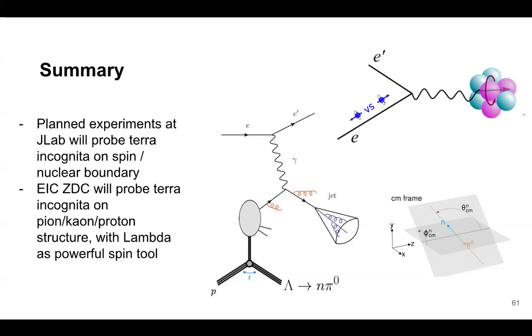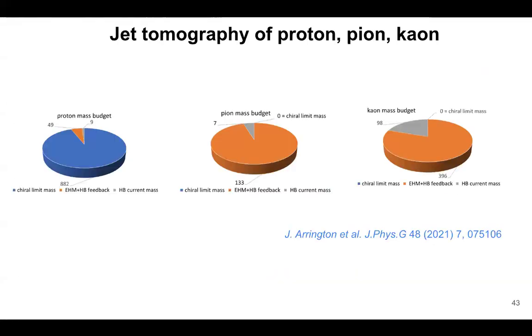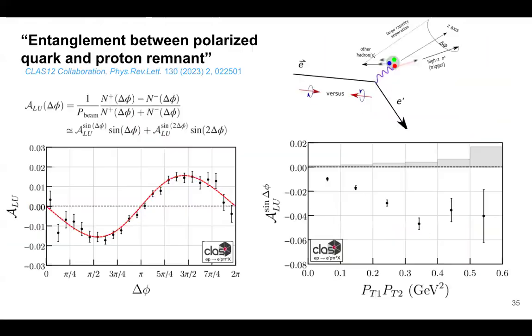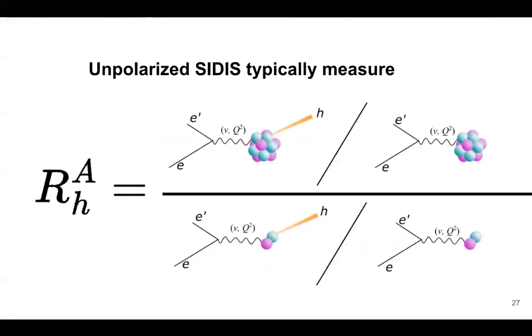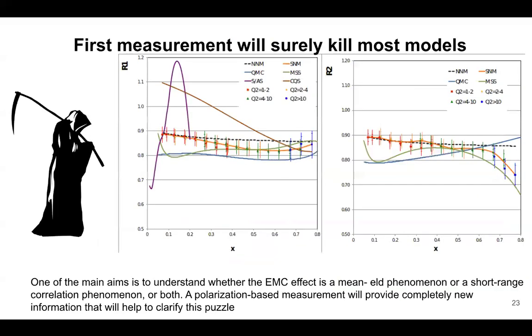Can you go back to your plot with the curves? So if I remember correctly, though it's been a while, I think there was one labeled NNM, which is some version of a naive, no explicit nuclear effects, but conventional things. And if I remember correctly, the idea with correlation is if you have these high momentum, deuteron-like pairs, you basically suppress the polarization in that region.